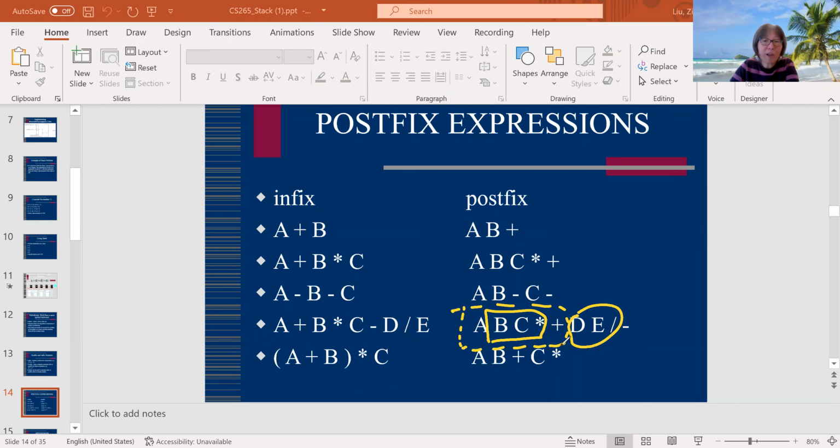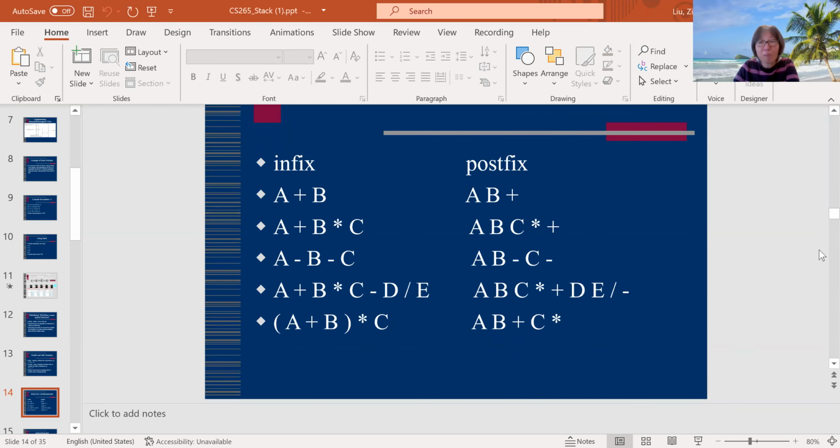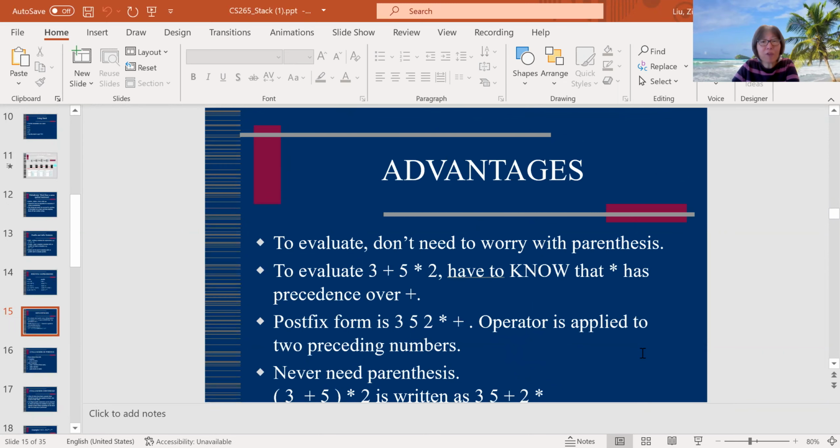So this is a number, the dashed line, and the solid line is another number. Then you have this as a set, two numbers and the operator. And for the next one, same thing. We have this set and this corresponding set, but no parentheses here. Okay, so we kind of get some ideas about infix and postfix expression.